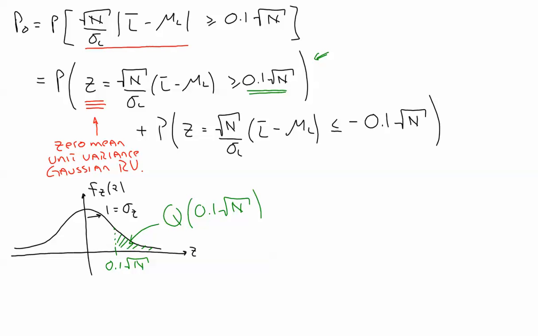And by symmetry, the second piece, let's make this part blue, the second piece of my probability is the integral of the lower tail.